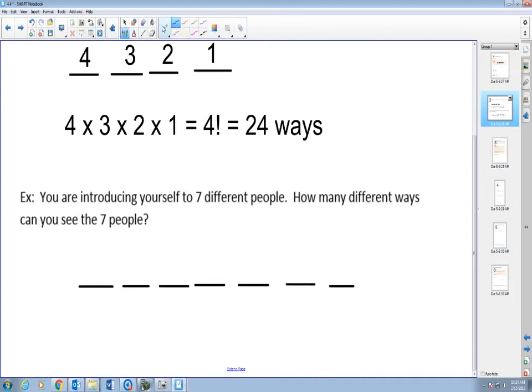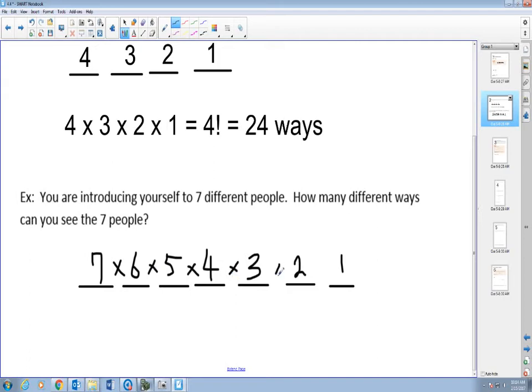You have 7 people you can introduce yourself to. Before you go to the very first one, you have 7 to choose from. Once you say hello to that first one, for the next one you have 6 to choose from, then 5, 4, 3, 2, 1, one less person each time. So 1 task followed by the other, so this is all going to be multiplying.